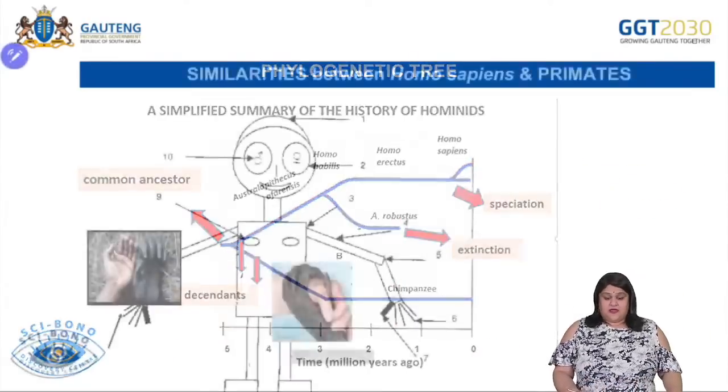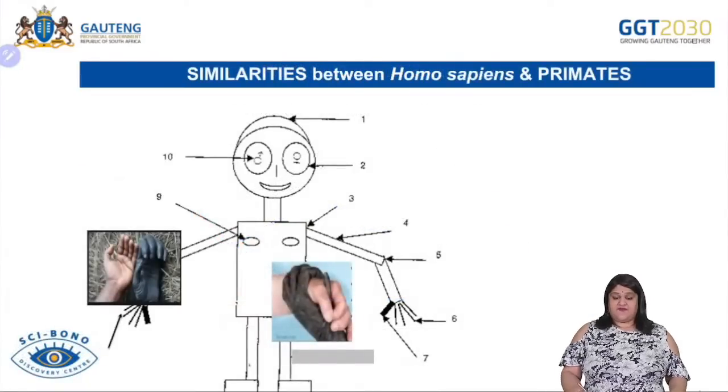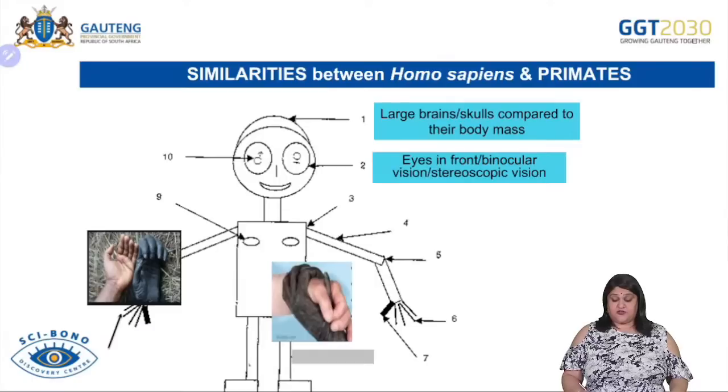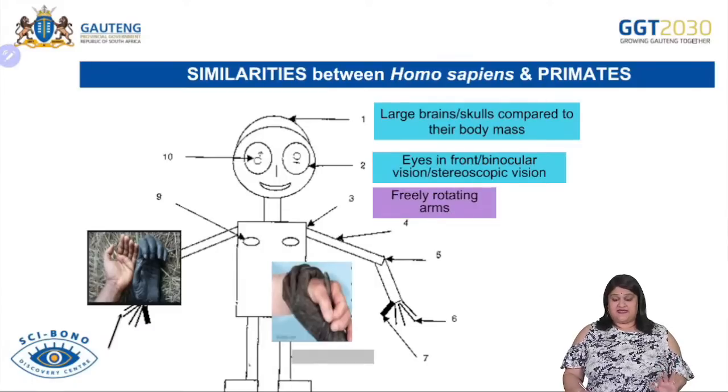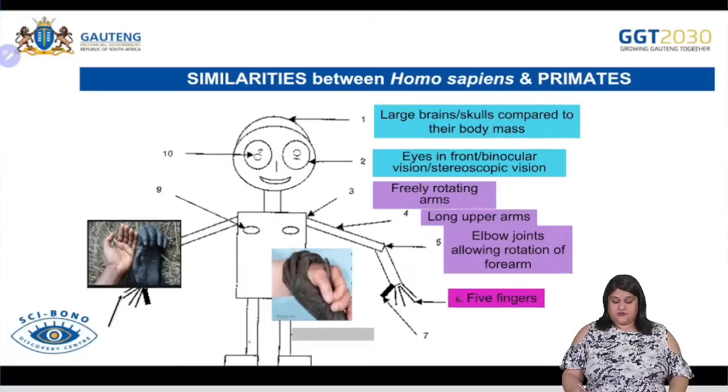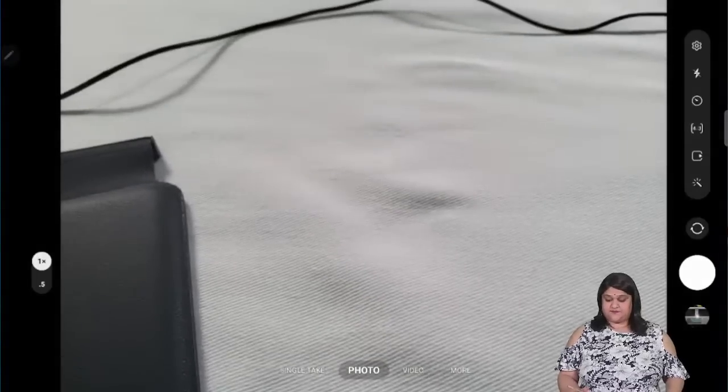Then we have the similarities between Homo sapiens and primates. Now, grade 12, I'm going to do this one in stages. I quickly want to bring up all of them because they are color coded.